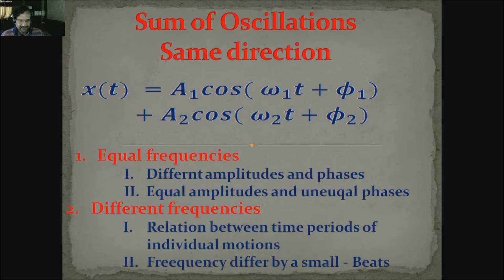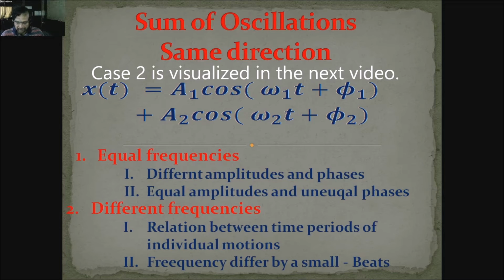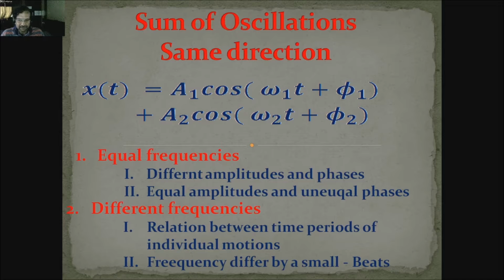The second special case is when the frequencies are not equal. When the frequencies are not equal, we can look at a case where the time periods are related by a simple relationship, and a second case where the frequencies differ by a small amount, which is referred to as beats.